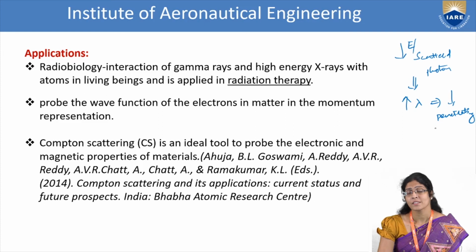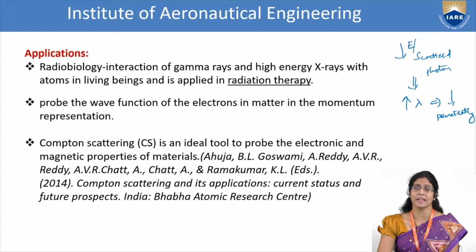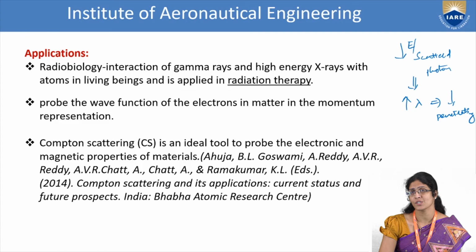So this scattered radiation can be used on human tissues, like our skin, as in radiation therapy for healing cancer patients. This has immense use in radiobiology, because radiobiology involves the interaction of gamma rays and high energy X-rays with atoms in living beings and is applied in radiation therapy.